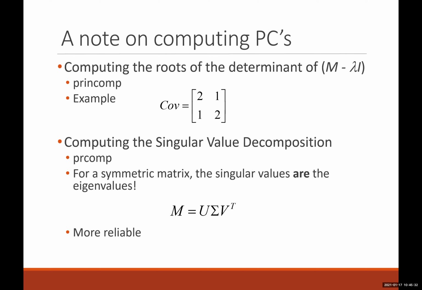There are two functions that we use here. There's the princomp, or also the principal function, which uses the determinant. And then there's the prcomp function, which uses a symmetric matrix and the singular values, meaning you can find the inverse, which are the eigenvalues.